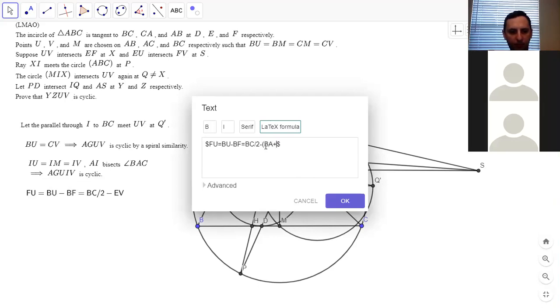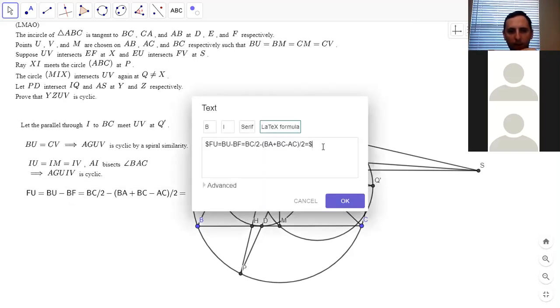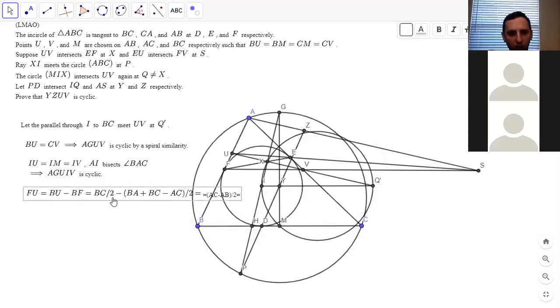Yeah, and that will be (AC minus AB) over 2. Okay. Yeah, and the same with EV.